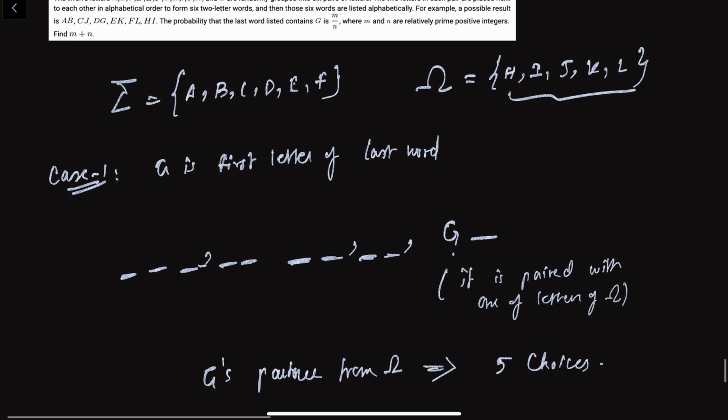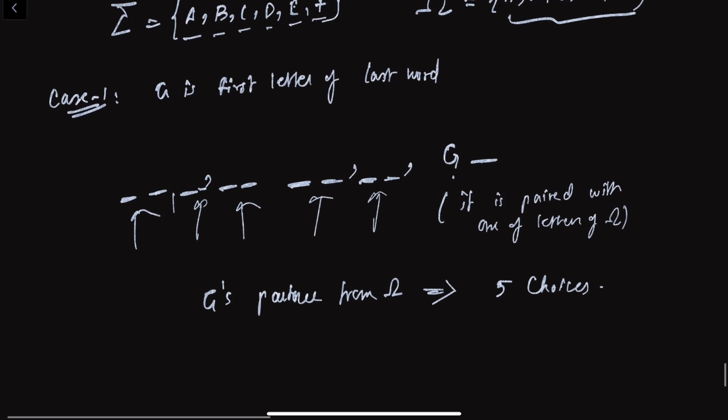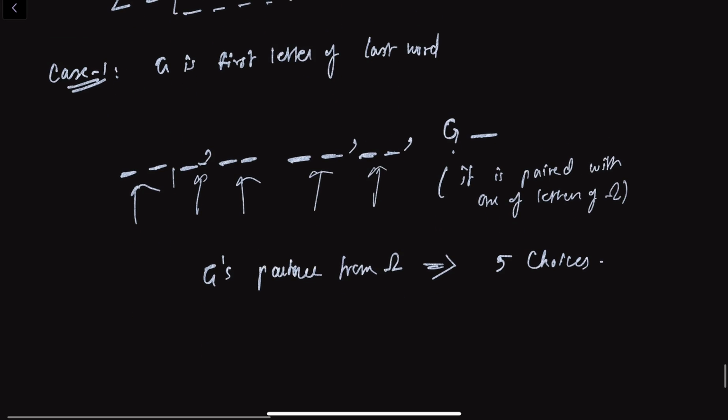Basically we are having 6 letters here, but only 5 positions, so one pair must be a sigma-sigma pair. So one sigma-sigma pair would be 6 choose 2, that is 15 choices.